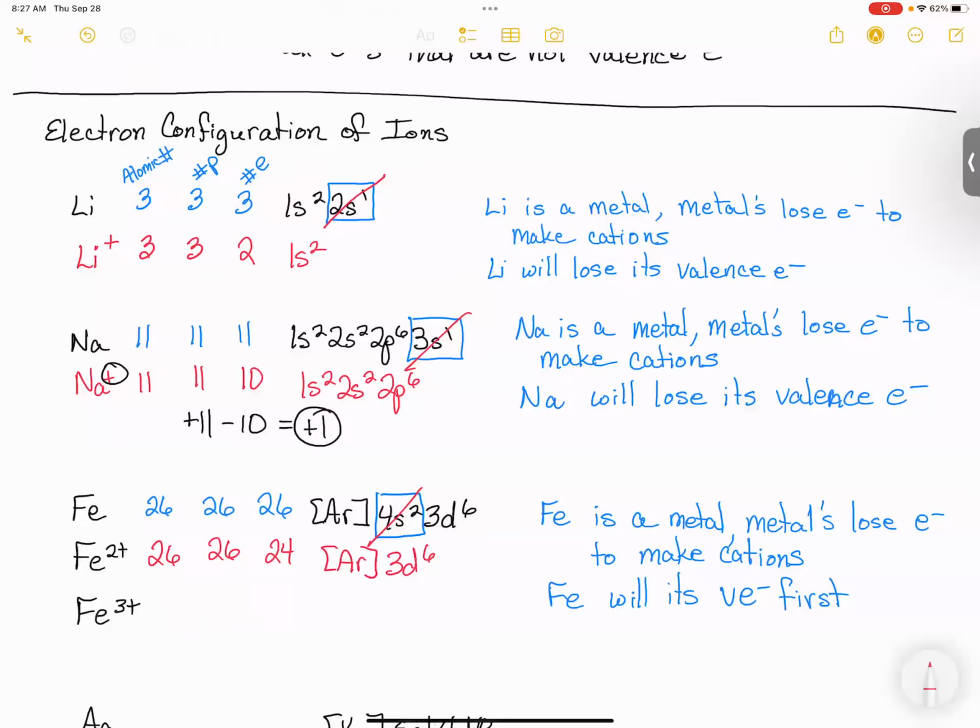If you cannot identify the valence electrons, you are going to remove the electrons from the wrong location. It is essential you be able to identify the valence electrons so that you remove those first.